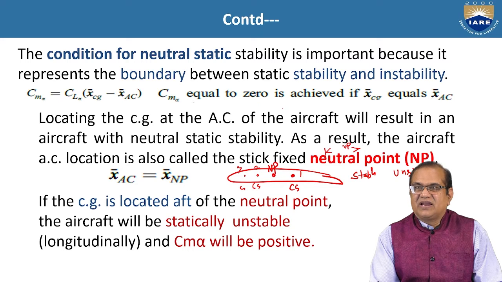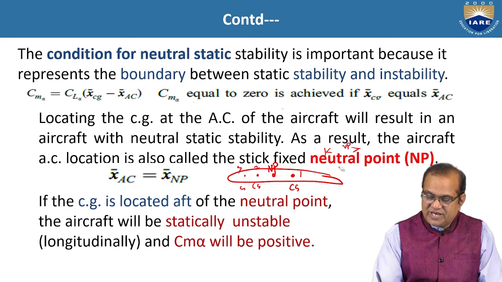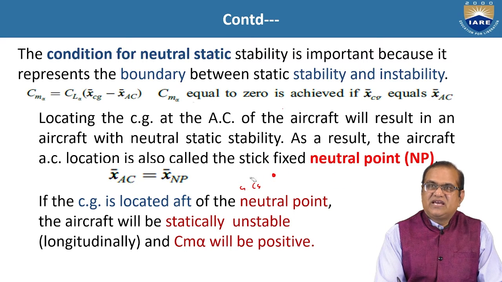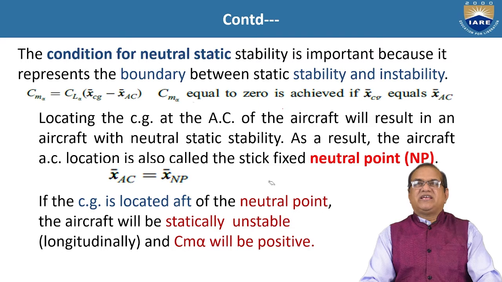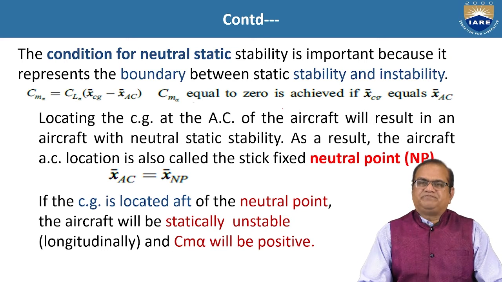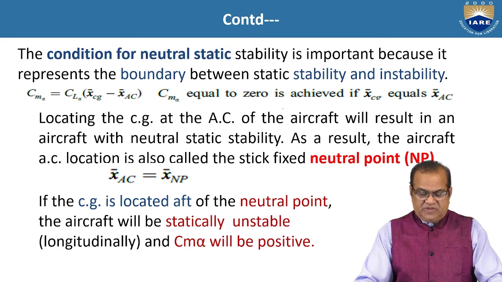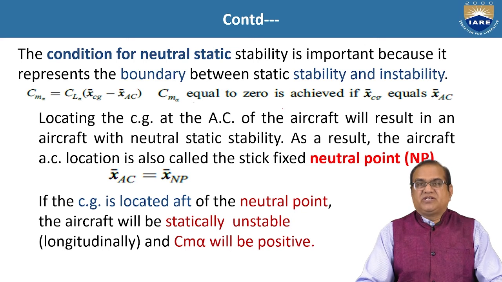So we have to understand that the location of the center of gravity is very important, and it plays a very important role for any state of equilibrium, and the Cm alpha will be positive.